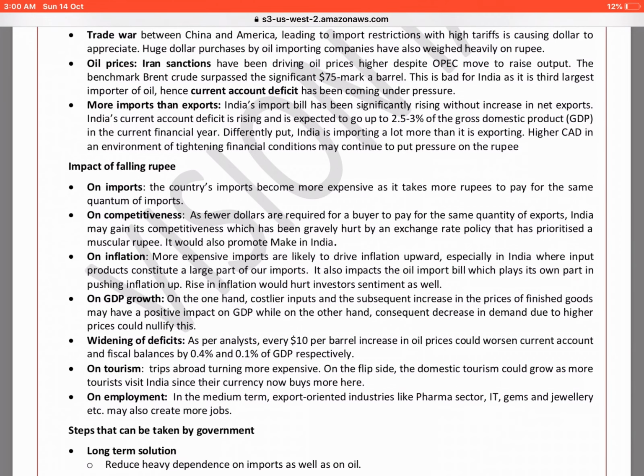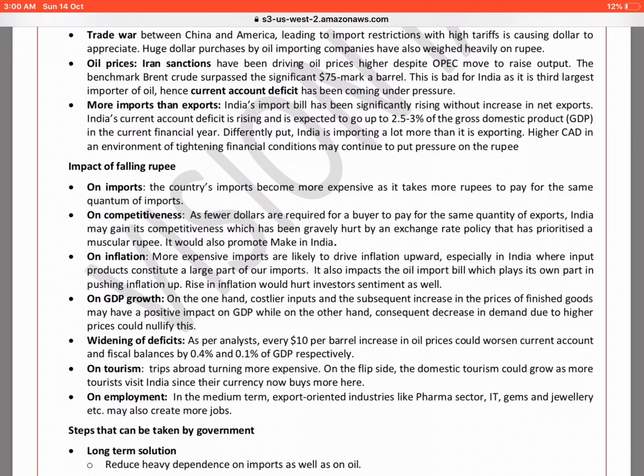And because of these higher imports and lower exports, it will definitely put pressure on our current account deficit, which is expected to rise above the current target of 3.3% of the GDP.